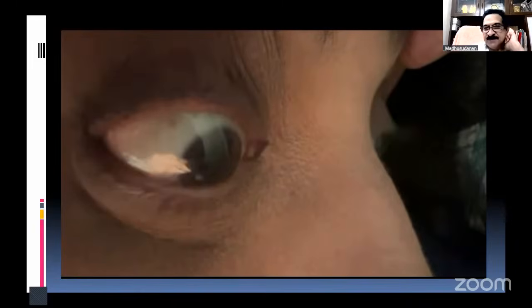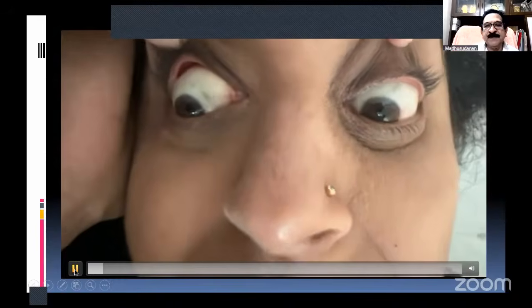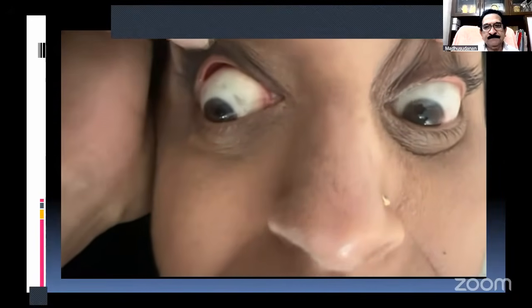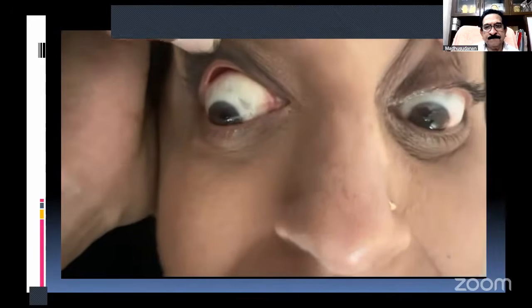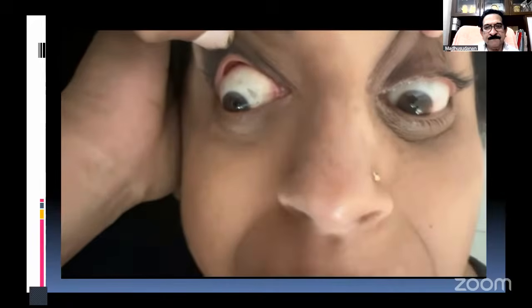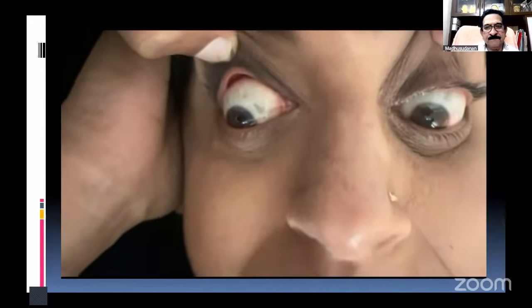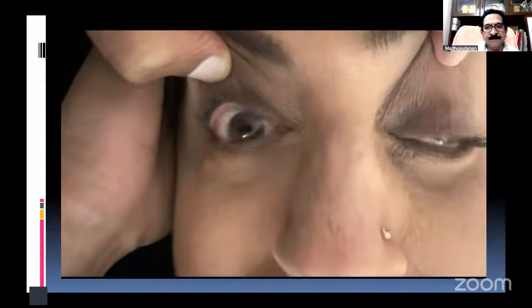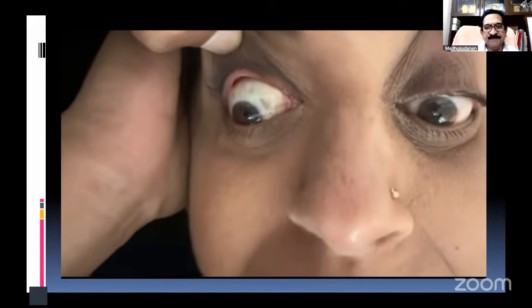It stopped. So do you want to see the video once again? Yes. This is on lying on the right side. Look at the type of nystagmus. Then it fatigues and subsides, disappears.